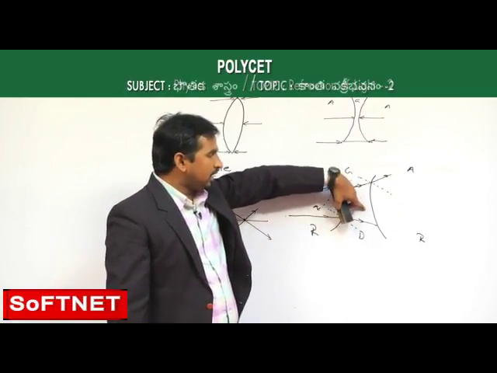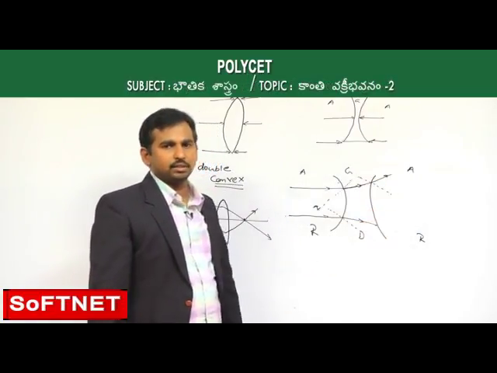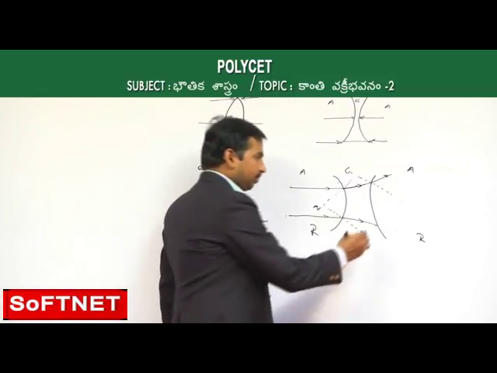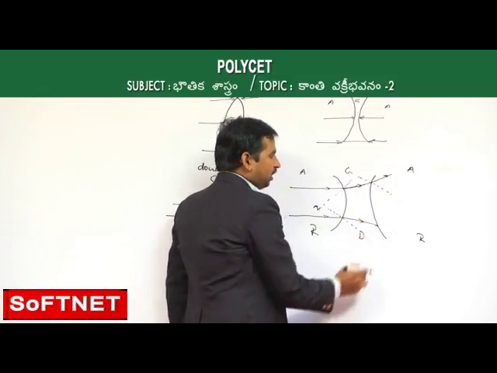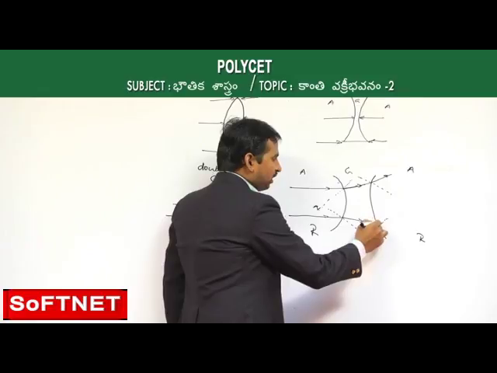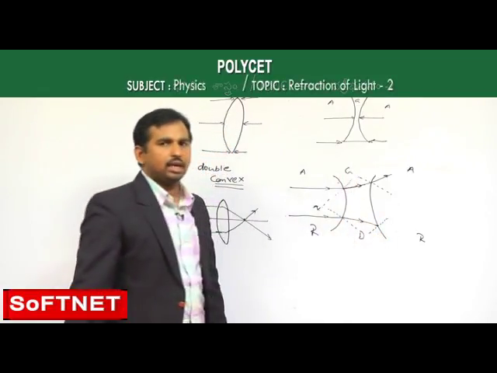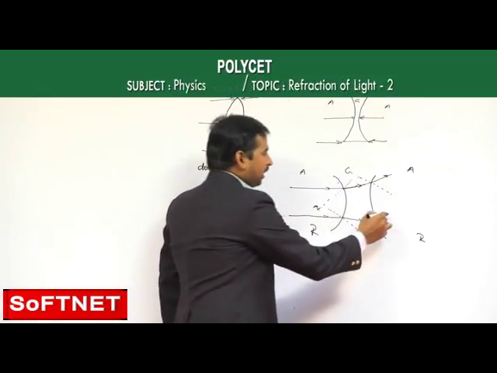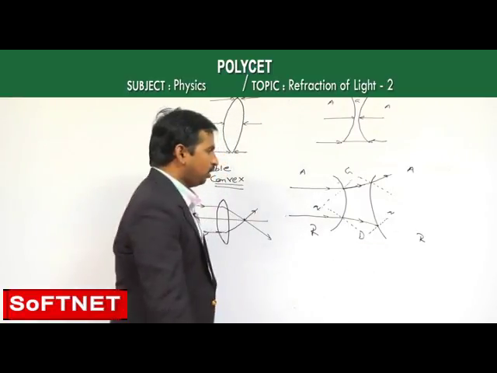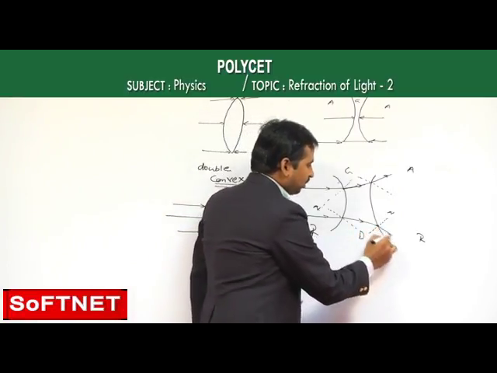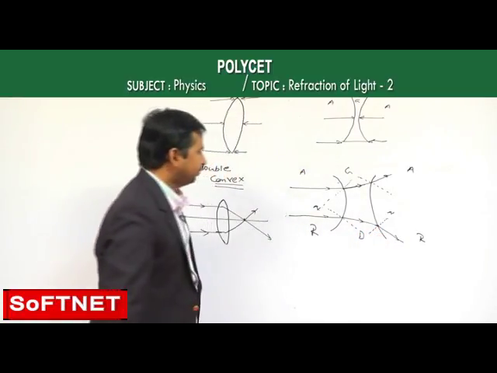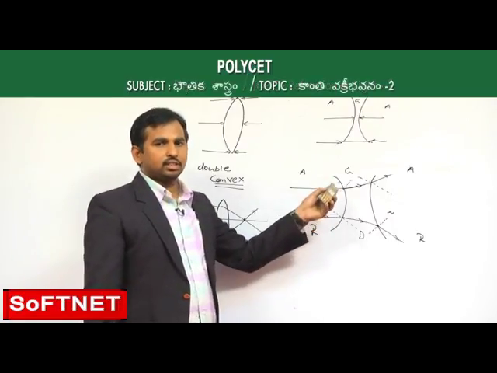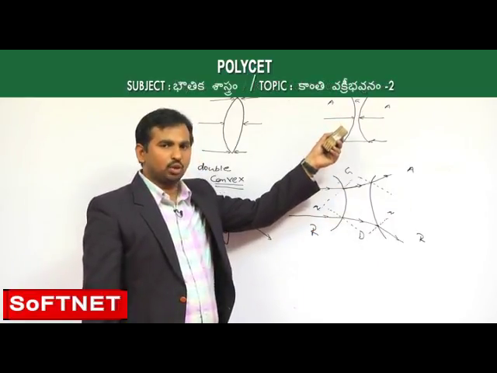Now we are taking glass to air, which is taken as denser to rarer medium. At this point again if you are taking the normal, here the normal is like this. As the normal is like that, the light ray bends away from the normal, going down here like this. Okay, this is the refraction that takes place in the case of a double concave lens.